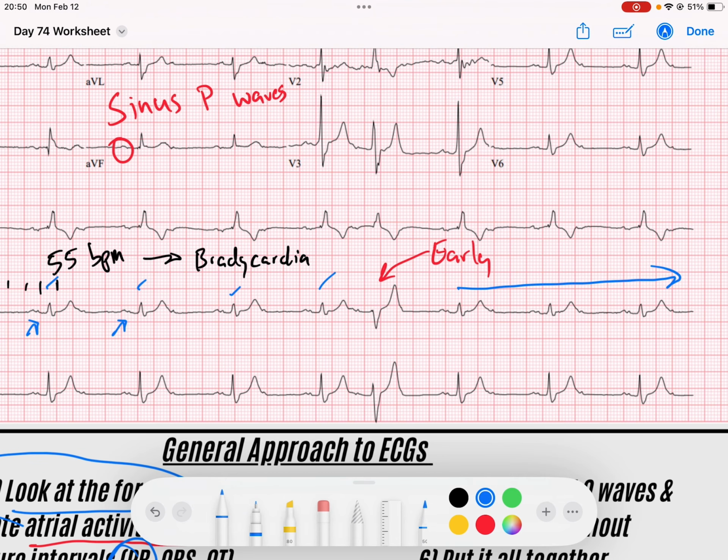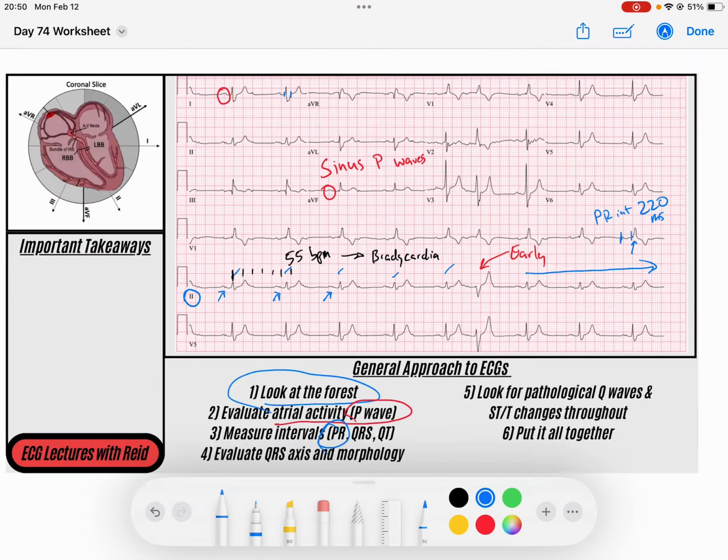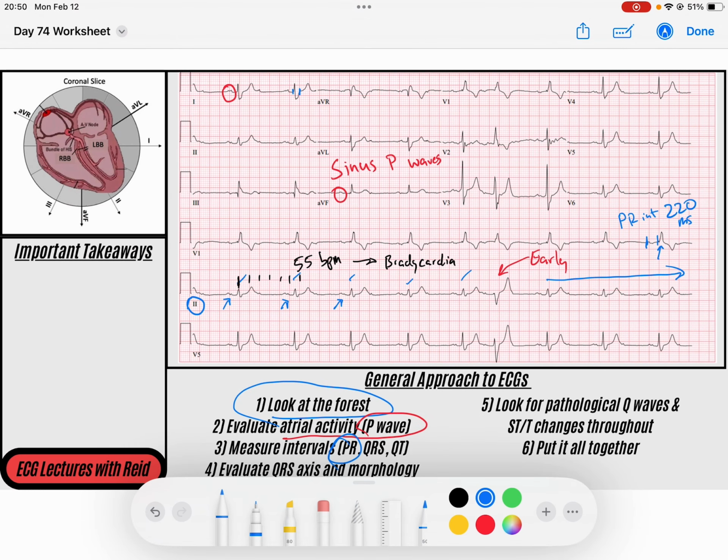Maybe this QRS here, you can see it starts maybe in that 4th line, and it's just a little bit over 200 milliseconds. I would say my PR interval is probably 220 milliseconds, which is long. So it's a long PR interval. So we've got some type of AV node block, but what type? We'll fill in the type here in a second.